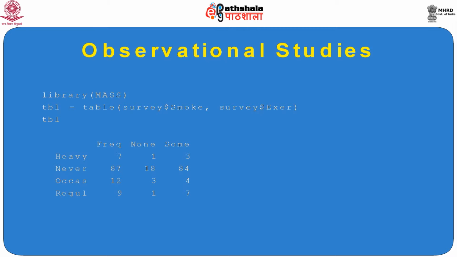Once we call TBL, it gives the frequency and number of individuals who are heavy, never, occasional and regular smokers, with how many of them were doing exercise as columns, and these frequencies are observed here. So this is the typical formation of a table for two variables when both of them are in categorical form.